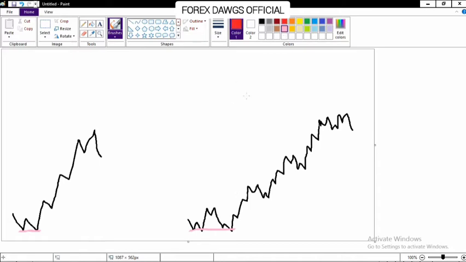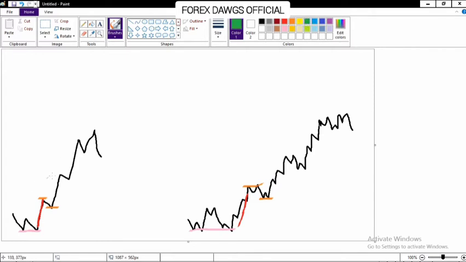So these three pushes here are represented by this one move on a bigger time frame. This point here is represented by this peak formation right after the three pushes on a smaller time frame, and this reset here was actually our M15.